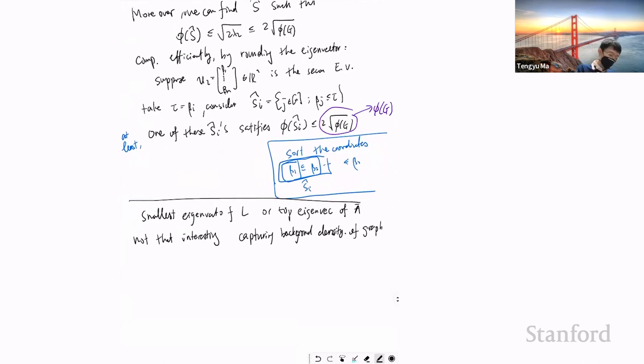What I really mean is, suppose G is kappa-regular.